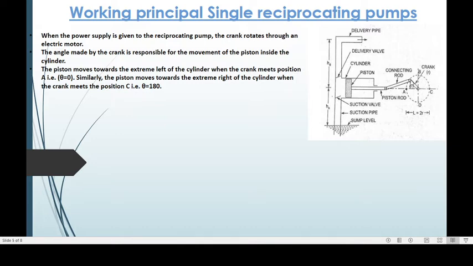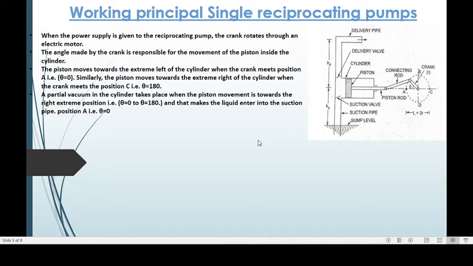When the crank is in the A position, that is theta, or your angle is 0, the piston moves to the extreme left, and when the angle made by the crank is 180 degrees, the piston is moving to the extreme right position.